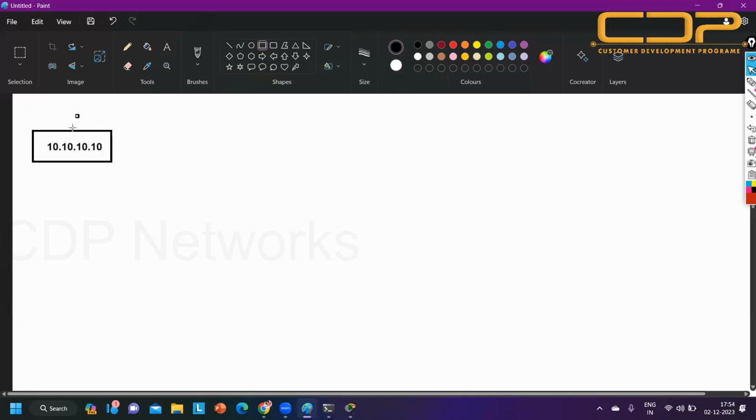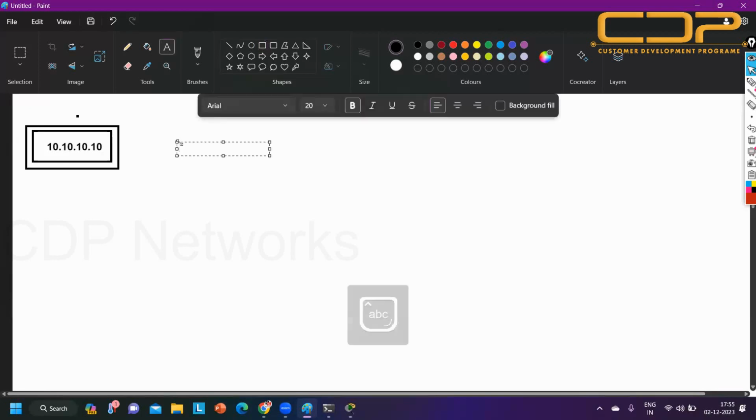Okay. So this IP address is a combination of two things: network ID and host ID. Network bits and host bits. Each and every IP address is a combination of network bits and host bits.